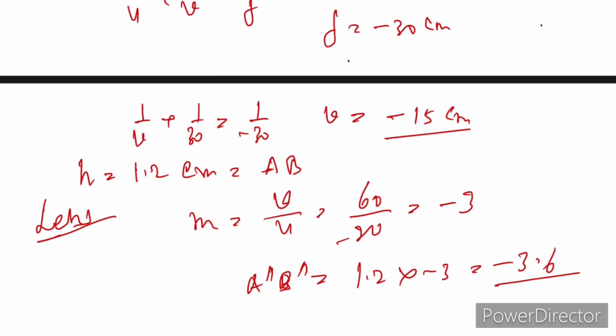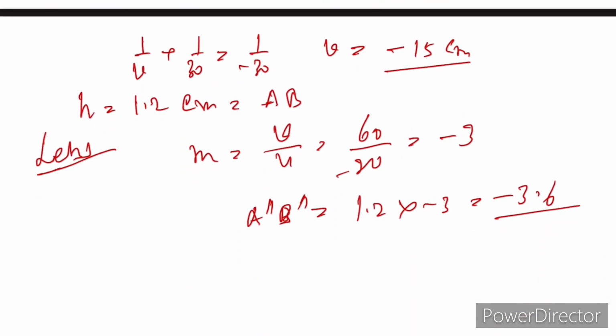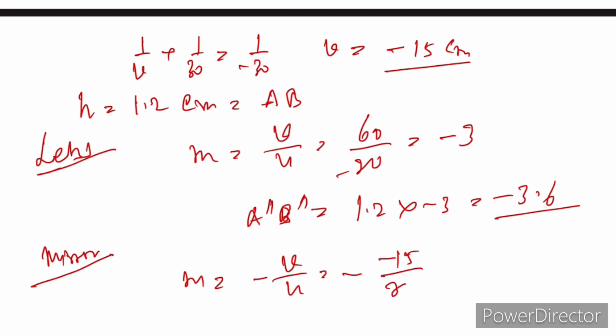Now let us see what is the mirror magnification. Mirror magnification is minus V upon U, and that is minus of minus 15 upon 30, and this is basically plus 1 by 2.